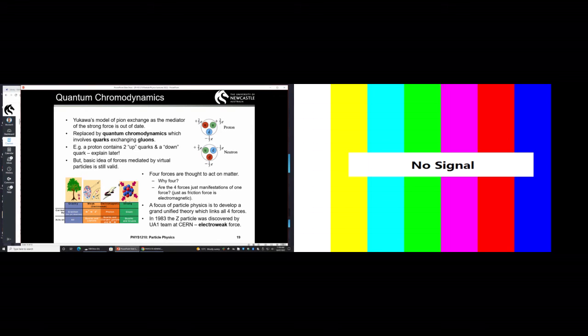So this is our final slide. It turns out that we have a different understanding now of how the forces act, and we'll talk more about that later. But basically there are 4 fundamental forces: the strong force that we just mentioned, electromagnetic, a weak nuclear force, and gravity as well.